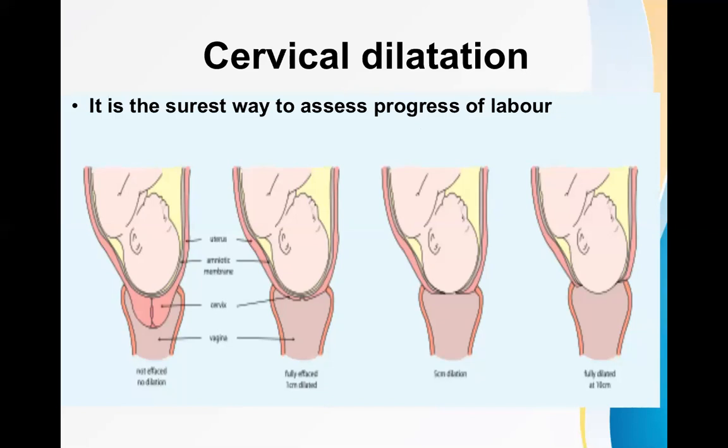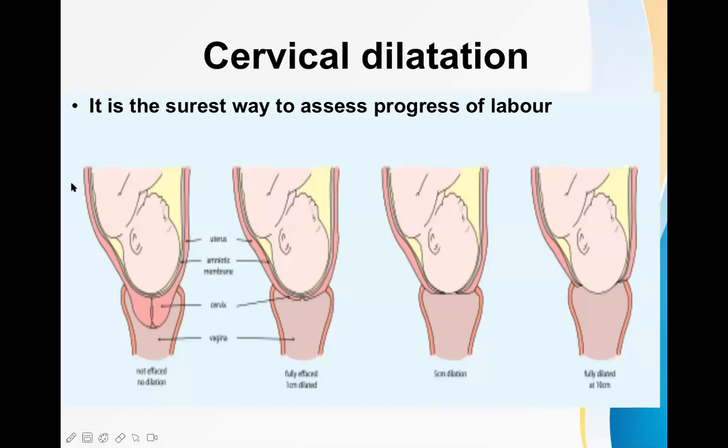Remember, we are talking about pervaginal examination now. It is denoted by how many fingers you can insert into the cervical canal, or the external os of the cervix. So accordingly, you can find out how many centimeters the cervix is dilated.